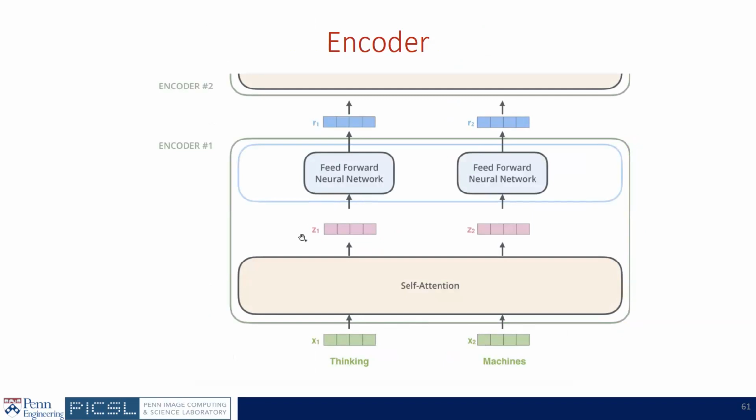And first Z1 basically tells you about how much thinking should attend to itself, and then how much thinking should attend to machines. So that information is encoded in Z1. And then in Z2, the information is how much machines should attend to itself, and then how much attention machines should pay to thinking, right? The other way as well.